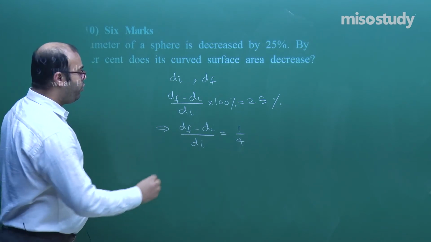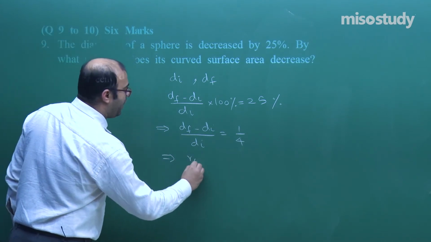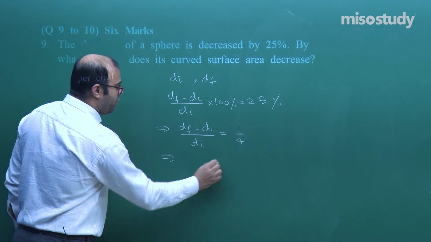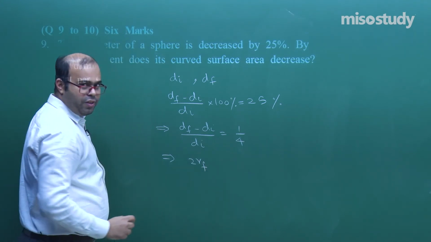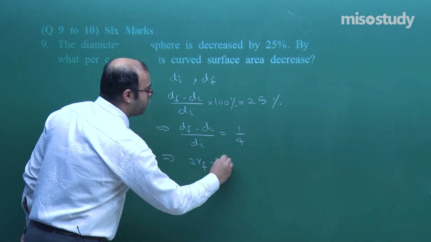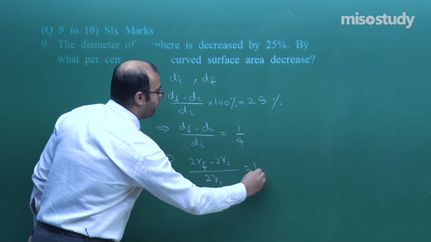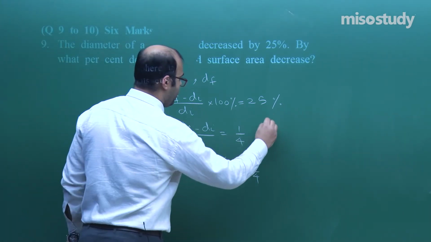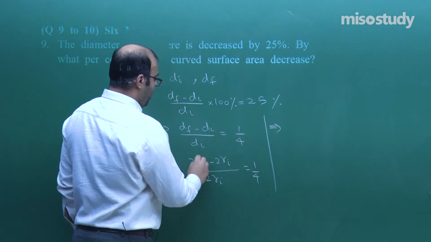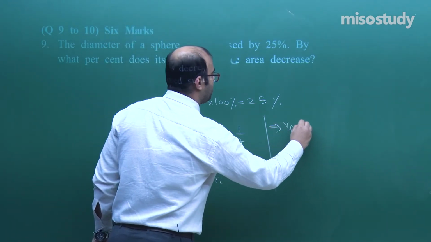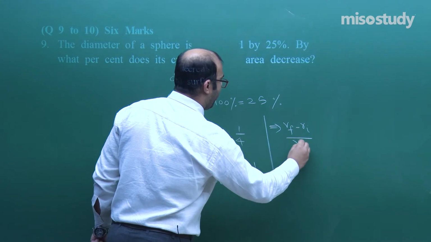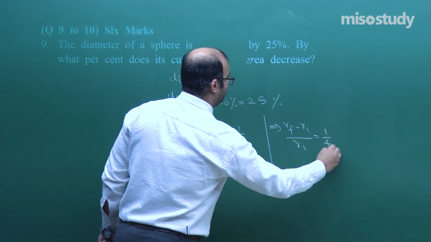What we can do, we can write df as 2 rf, that is twice of the radius, here also twice of the initial radius, is 1 by 4. So we can also say here that rf minus ri upon ri is equal to 1 by 4.